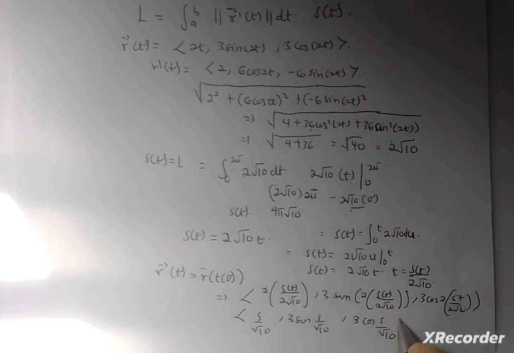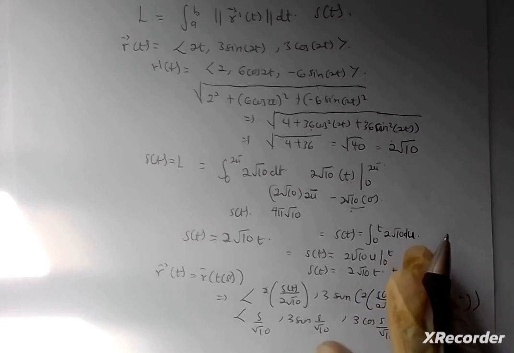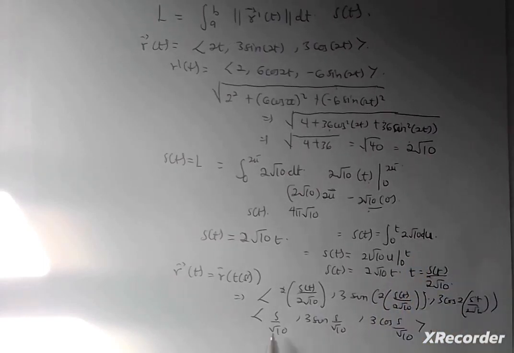So now I have reparameterized my main function to the s form. When I'm given a question asking me to find the point at which my curve has reached after moving a particular distance, I'll simply put the distance here and I'll get that particular point.